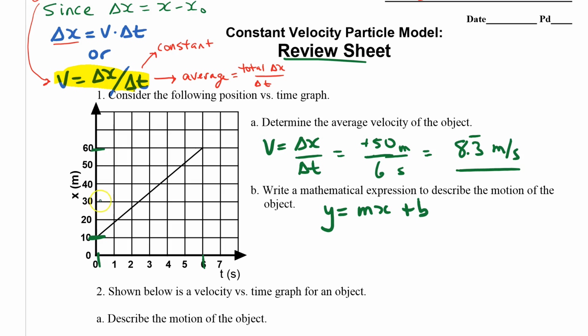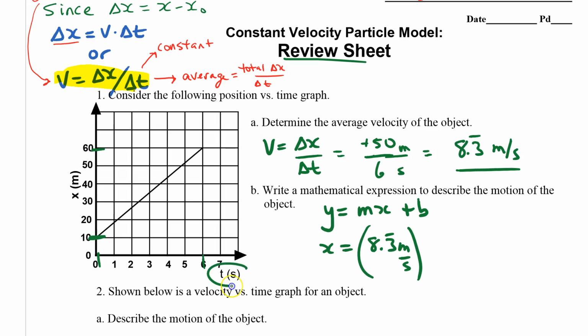In this case, our y is not y, it is actually x for position. So when we talk about what the y-axis represents, it represents position, measured in meters, is equal to the slope. Now the slope in this particular one is 8.3 repeating. I'm going to keep all the decimals here, and I'm going to include the units, and I'll put parentheses around there just so I notice I'm keeping that separate.